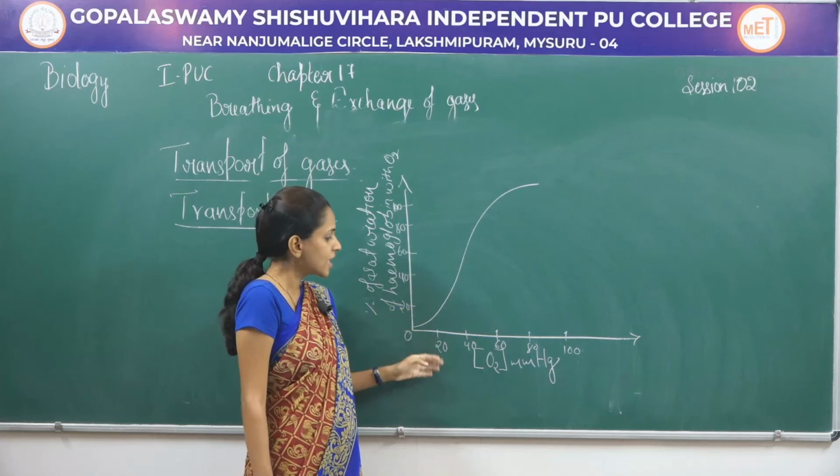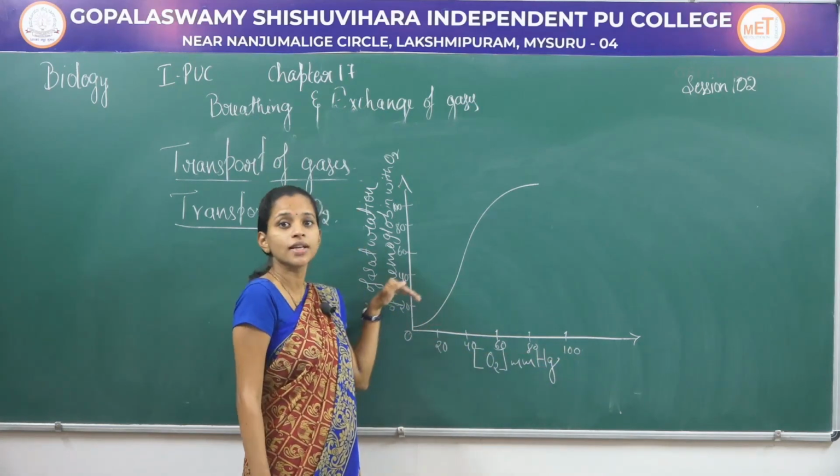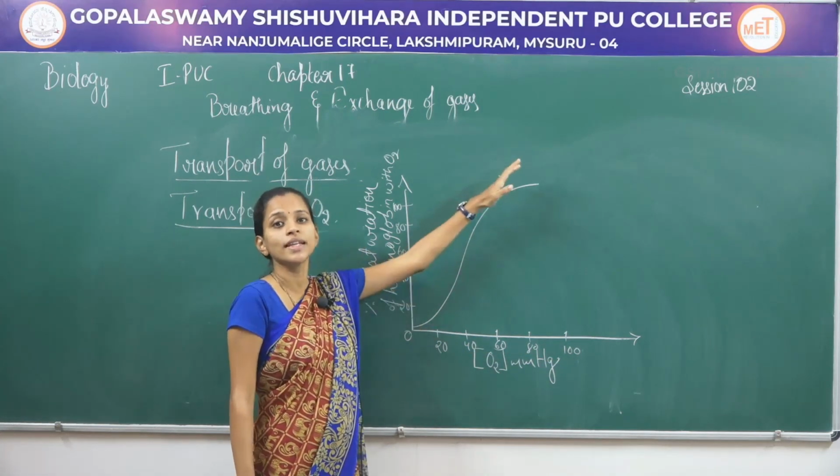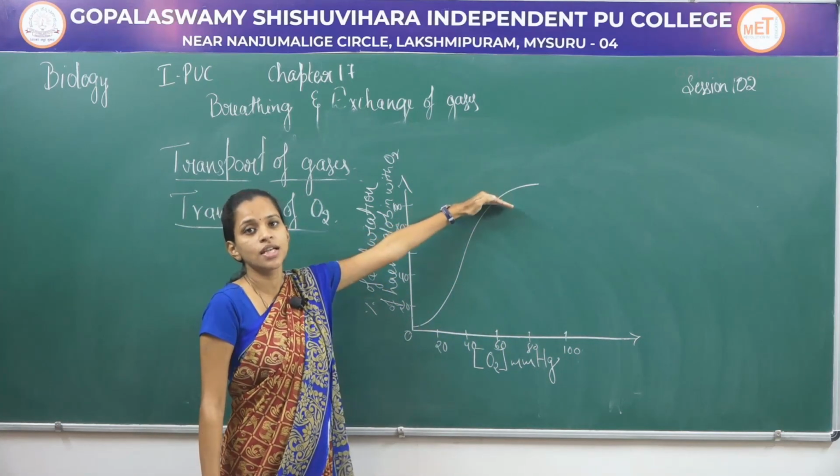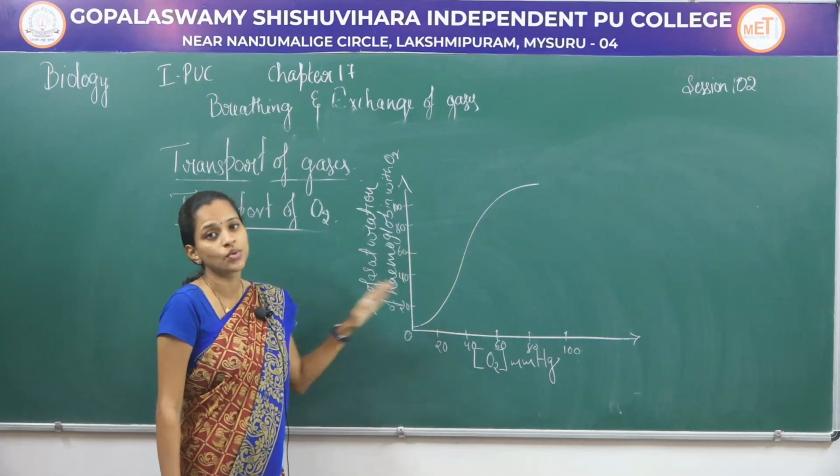As the partial pressure increases, the association also increases. With reduction in the partial pressure of oxygen, the association decreases and leads to dissociation.